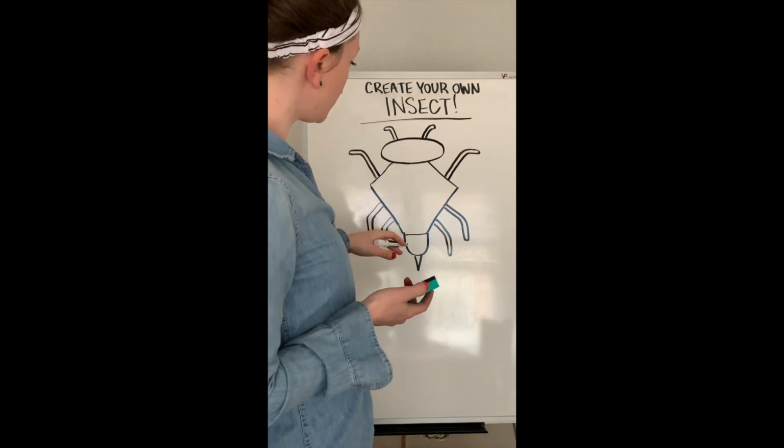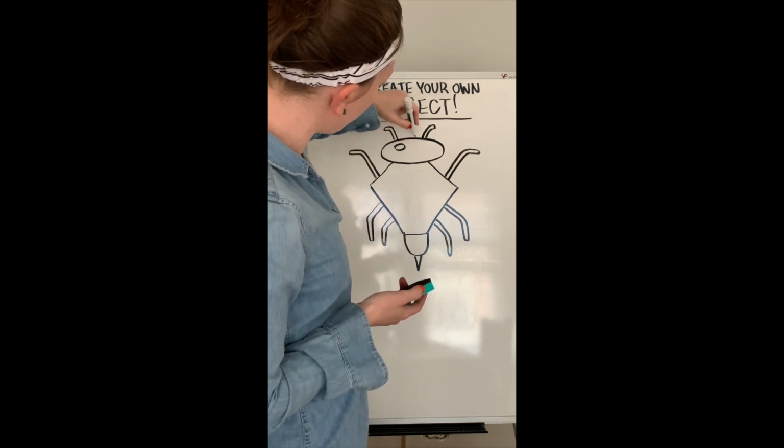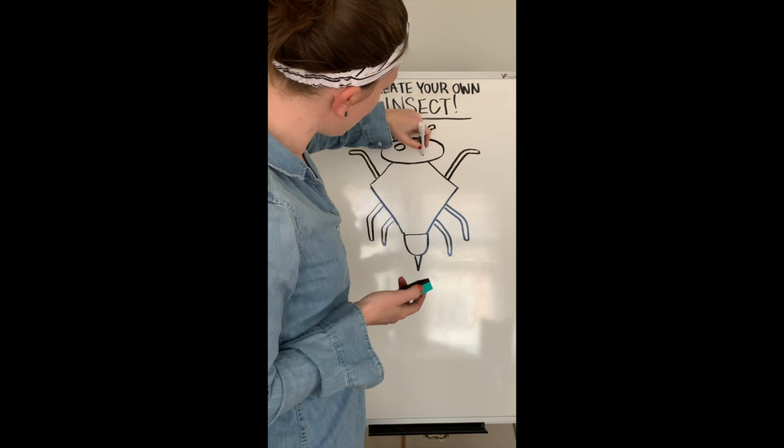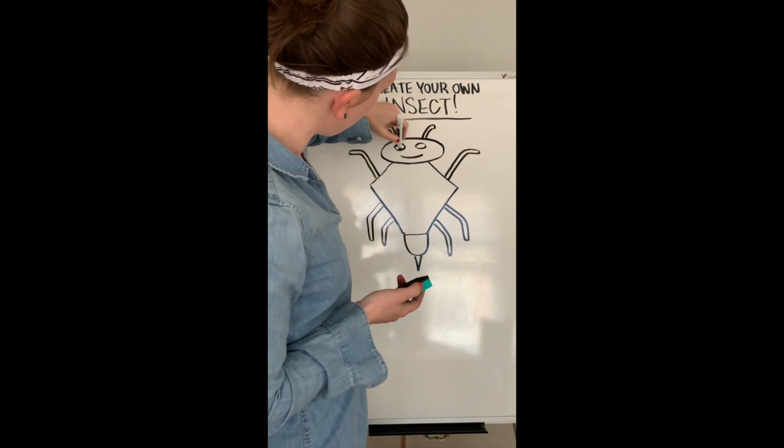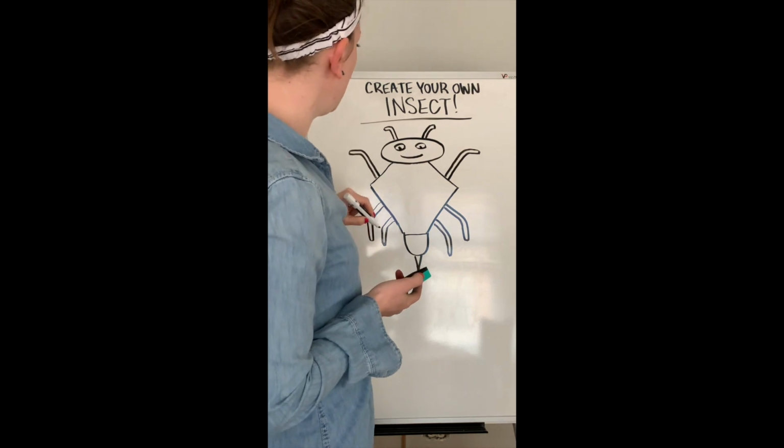So the other things that I can add are I can make my insect have a face, and you can do this any way you want. I'm just going to make a simple 2 eyes and a mouth.